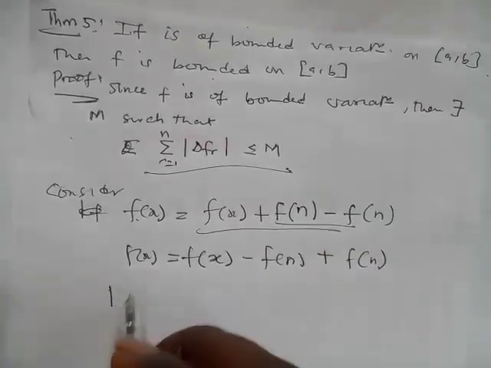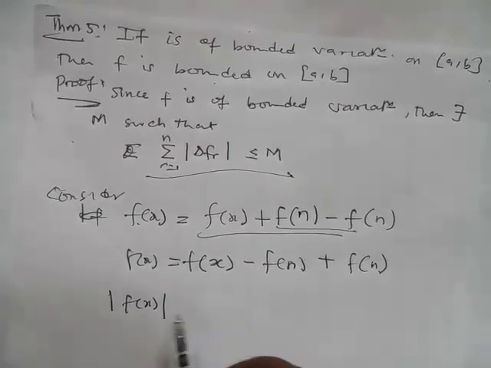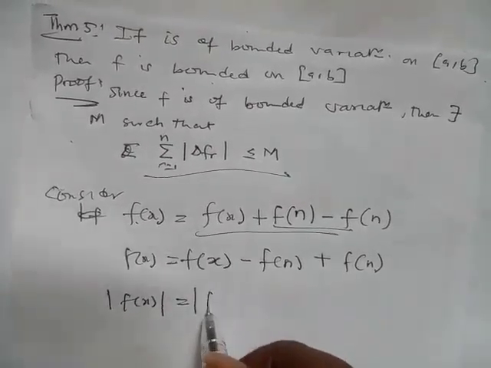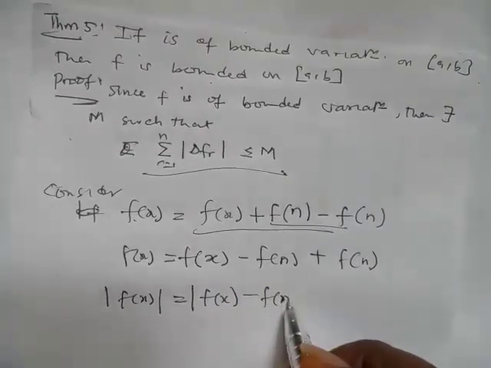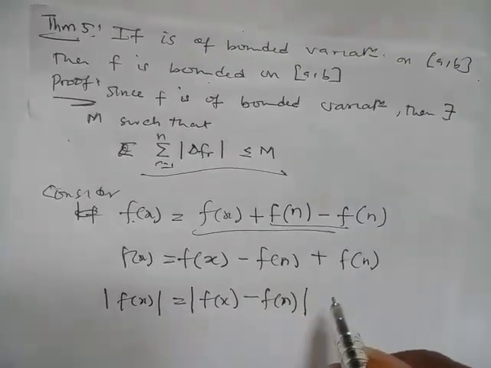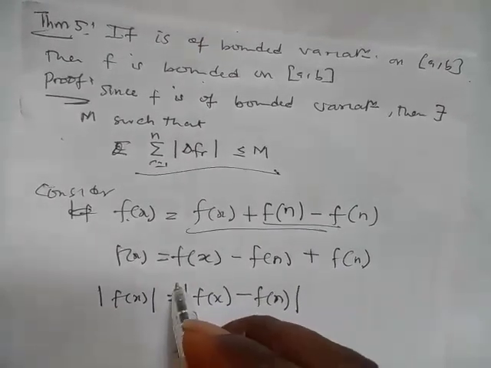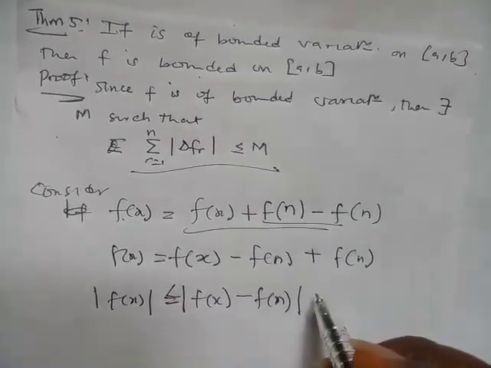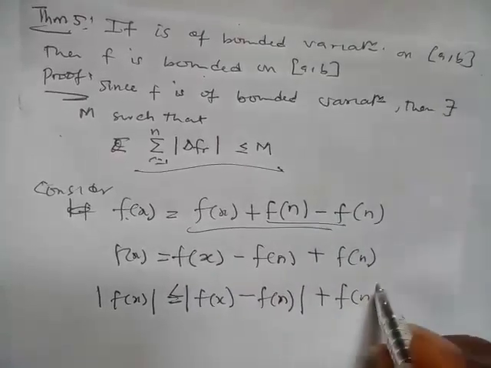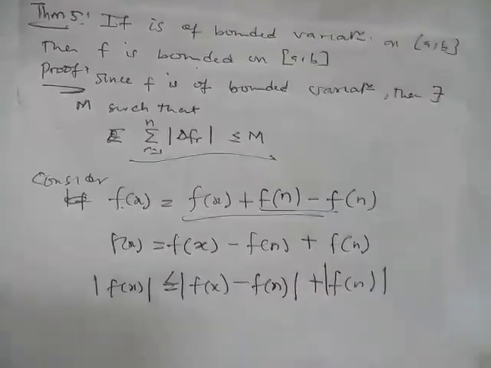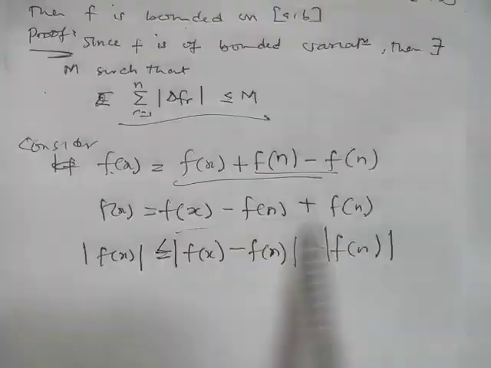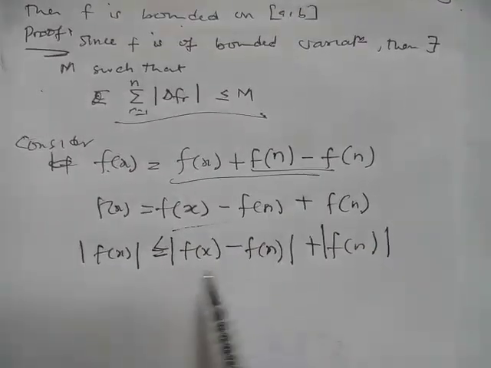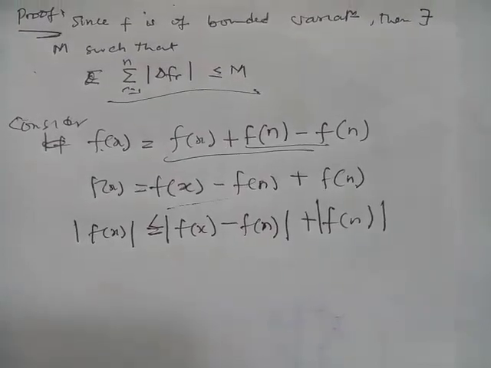So if we put absolute value to both sides, you will see that this will be absolute value of f of x minus f of a. To separate this absolute value, I must put less than or equal to, by triangular inequality. If I want to separate them into absolute values, I'll put less than or equal to there.